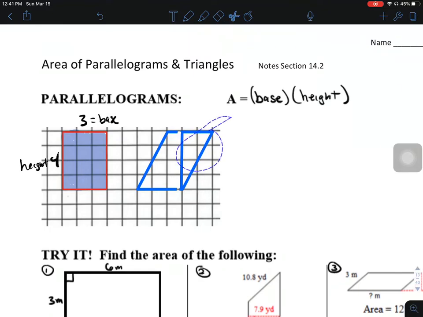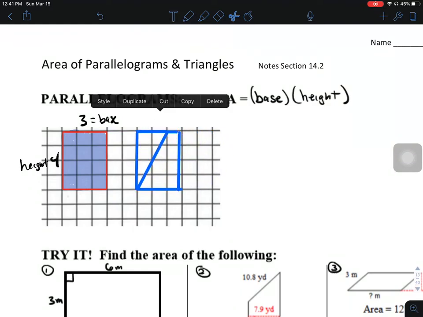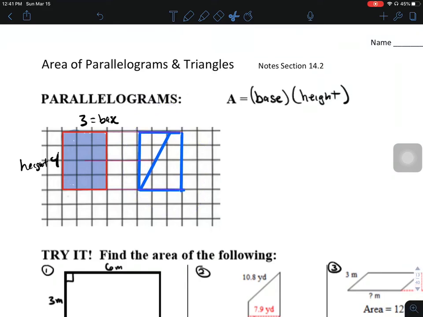If I take this right here and I just shift it over here, see how that becomes a rectangle? Once again, this was over here. I lost my diagonal. I move it over here and it's just a rectangle.